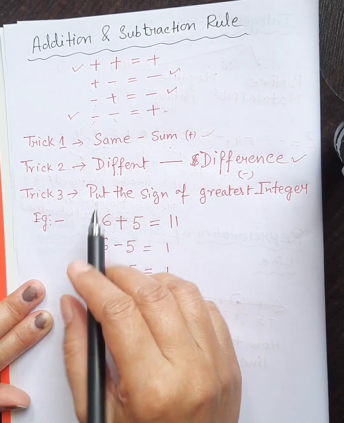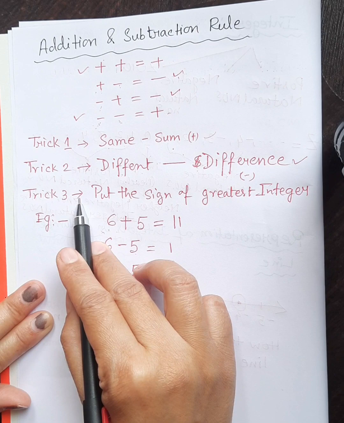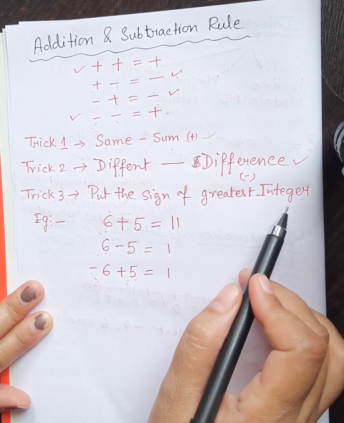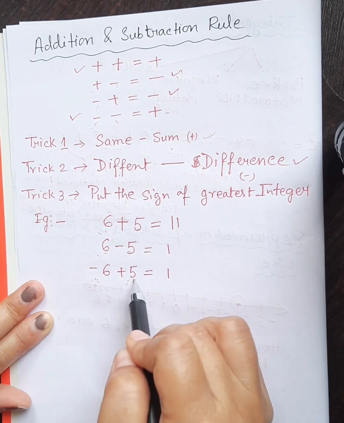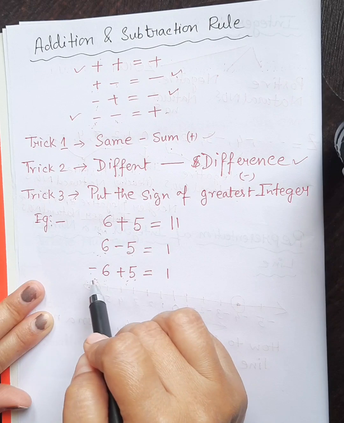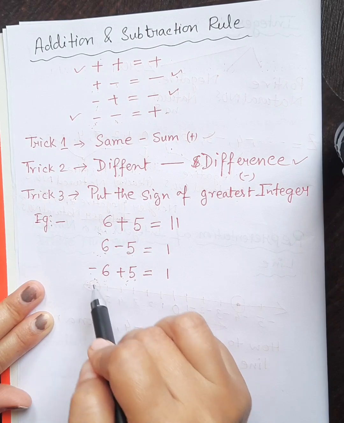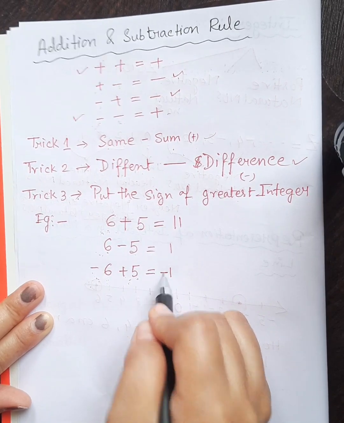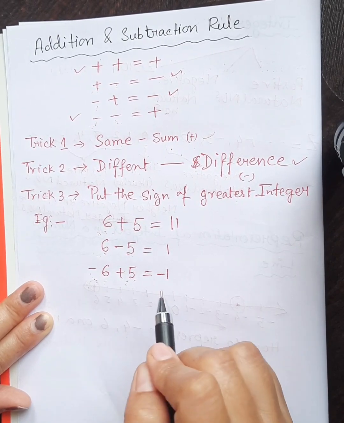Now we can apply trick number 3. What is trick number 3? Put the sign of the greatest integer. Between 6 and 5, who is the greatest? Obviously 6. So before 6, which sign is there, plus or minus? Minus. So simply we put minus on the result.